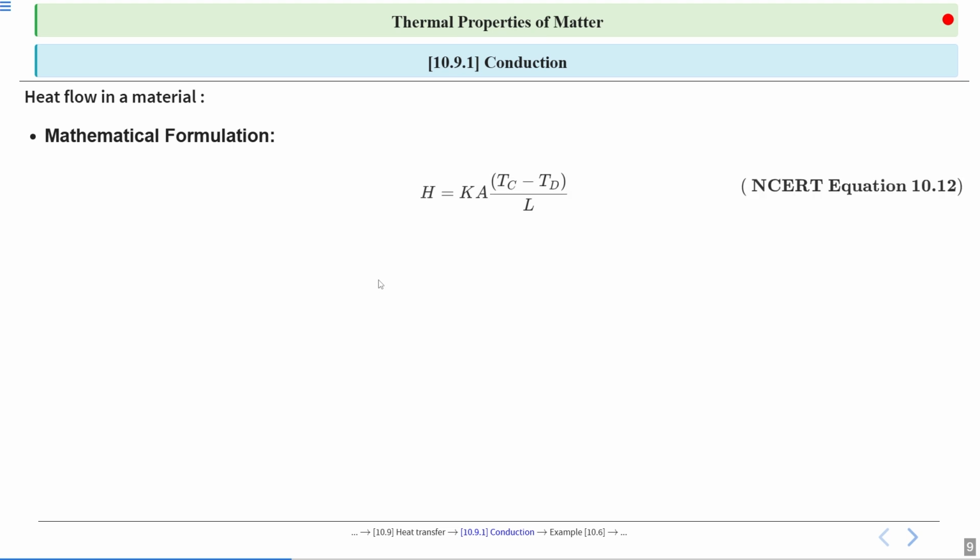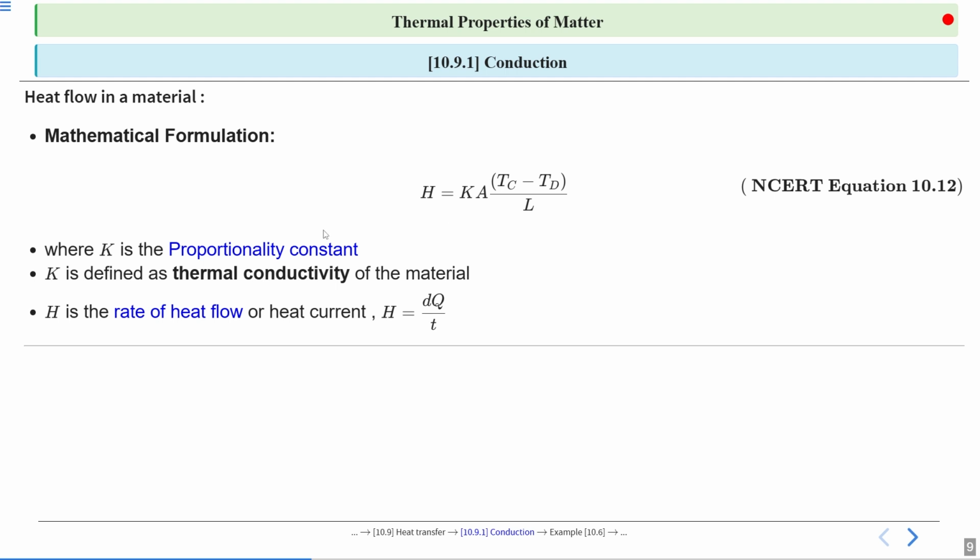To remove the proportionality sign, there is a constant K. So the rate of heat flow becomes H is equal to K A (Tc minus Td) divided by L. Here K is a constant, A is the cross-sectional area, Tc is the temperature at point C and Td is the temperature at point D, divided by L. K is the proportionality constant, and K is defined as the thermal conductivity of the material.